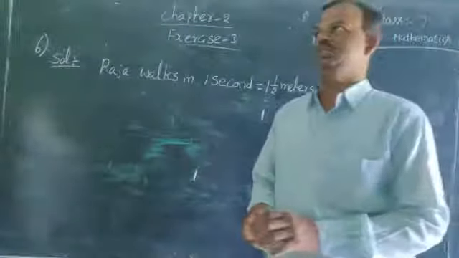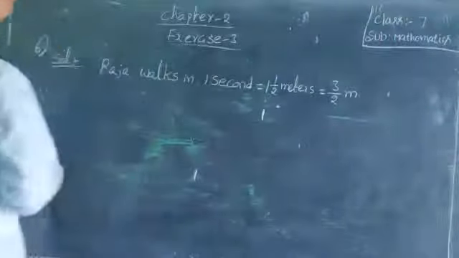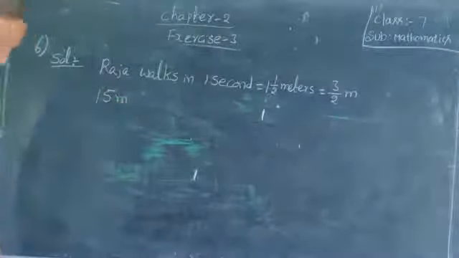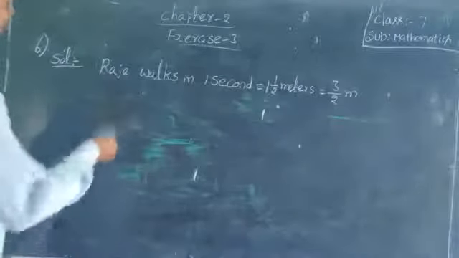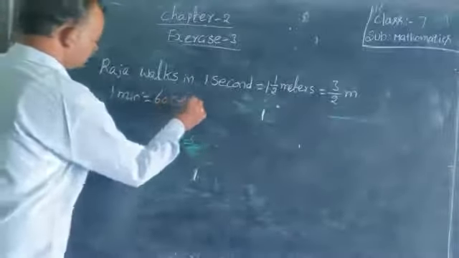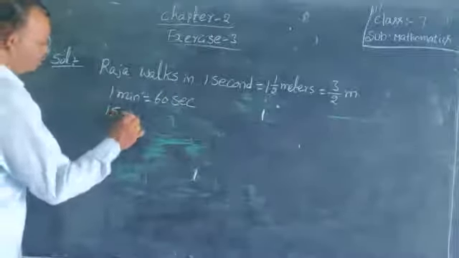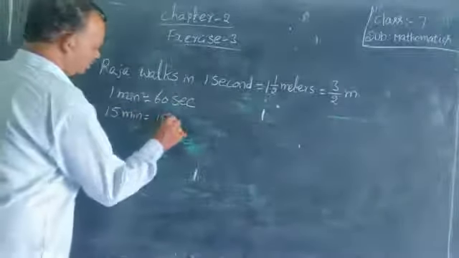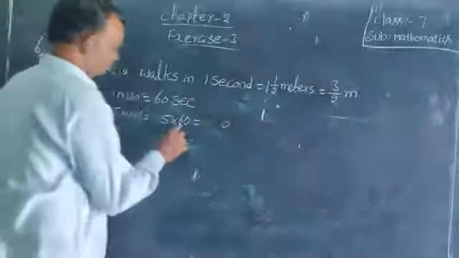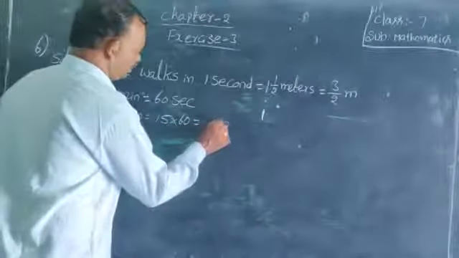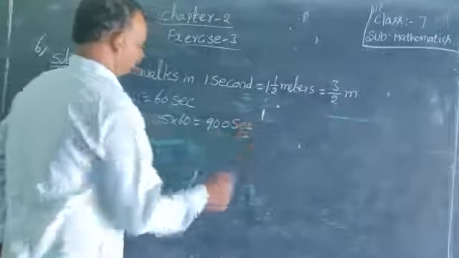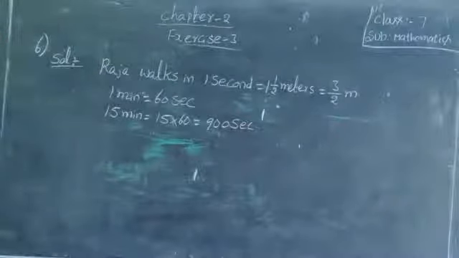So, 1 minute is equal to 60 seconds, 15 minutes is equal to 15 into 60. 0, 6 5s are 30, 3, 6 1s are 6 plus 3, 9. 900 seconds. 15 minutes is equal to 900 seconds.